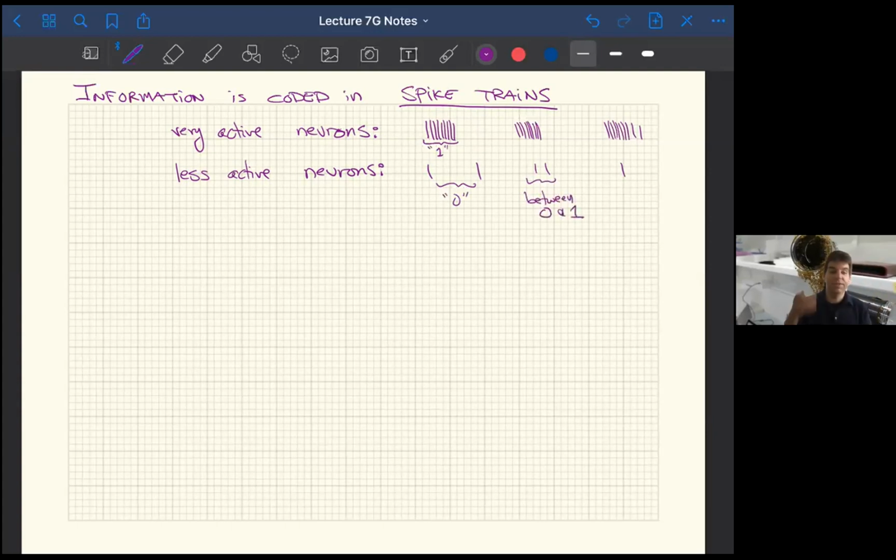That's one way to view this encoding. And so what we're doing here is we are trading space for time.